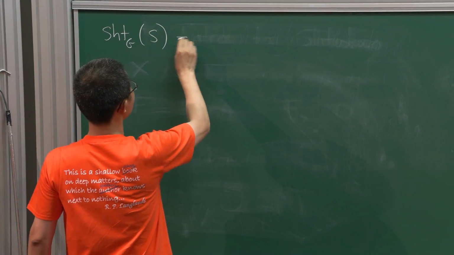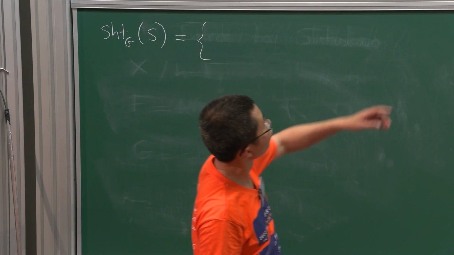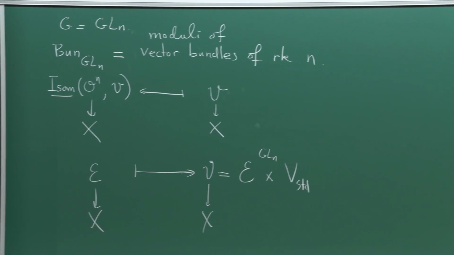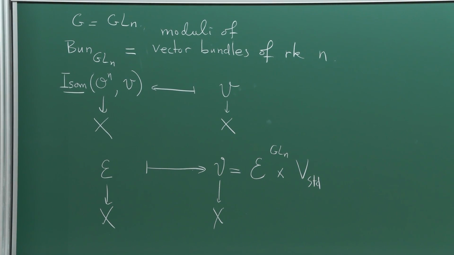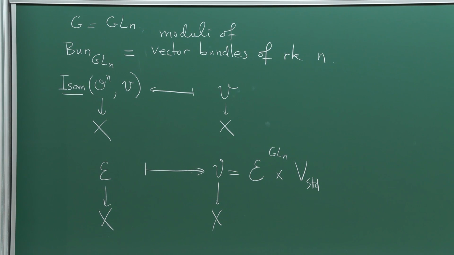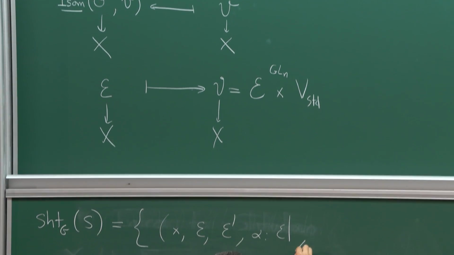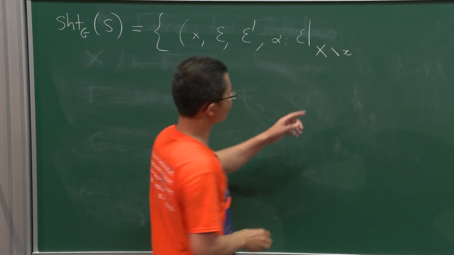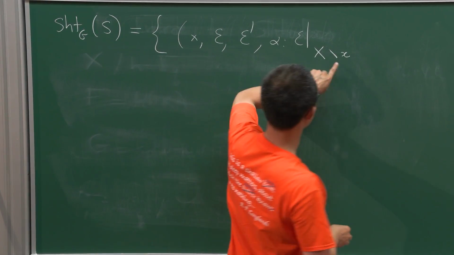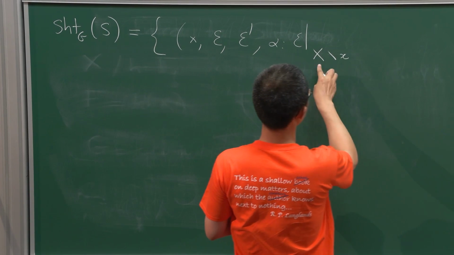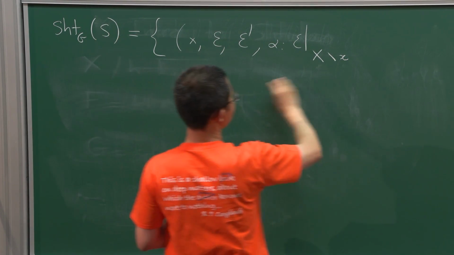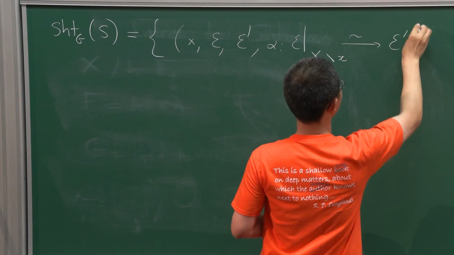So an S point means a point in Hecke G, which in turn means a quadruple of data. Let me just abbreviate this complement of a point by x, remove x, although this really is an S family version.